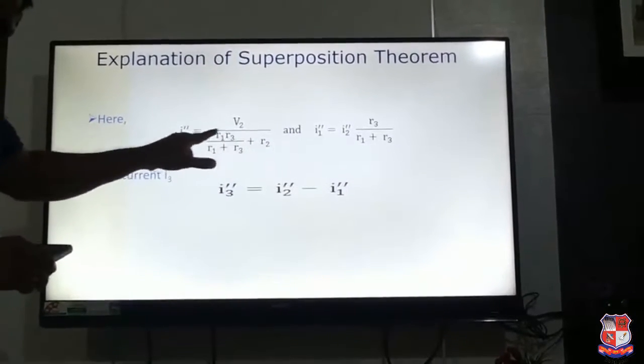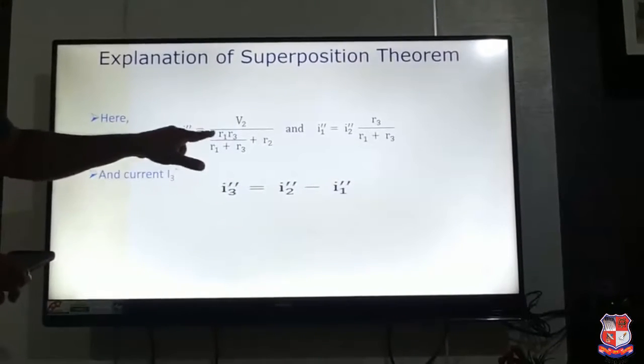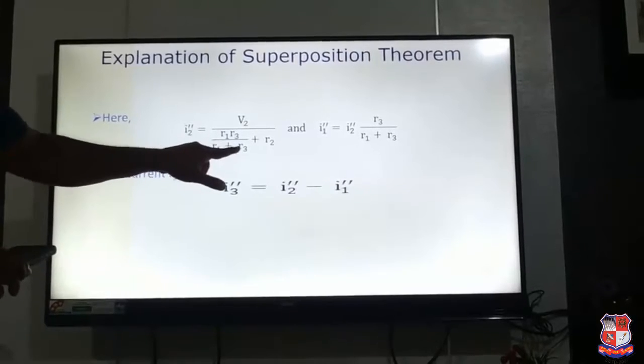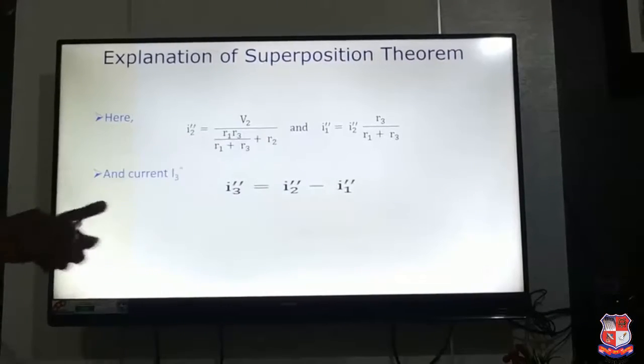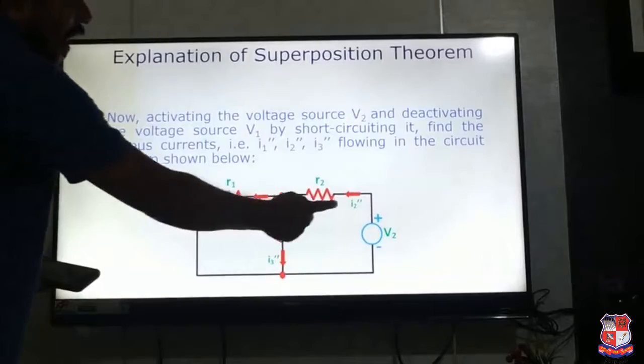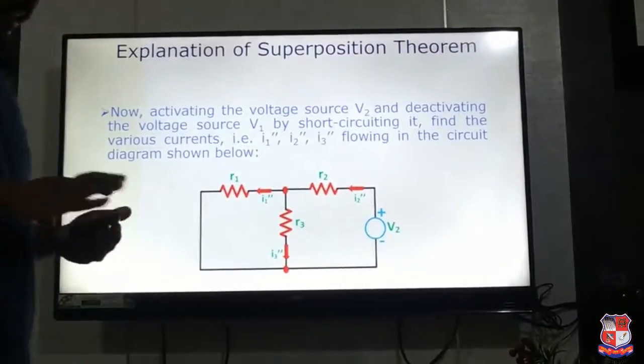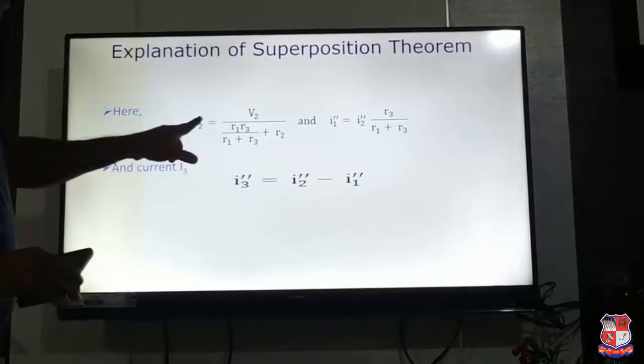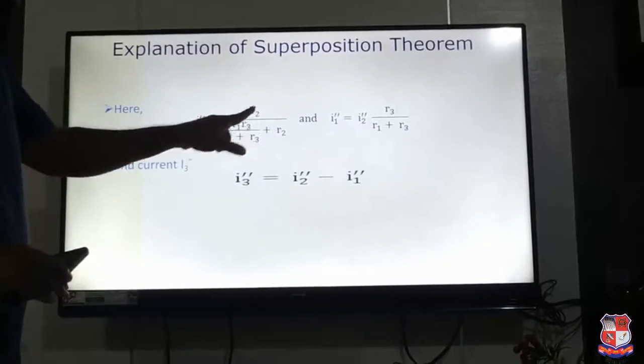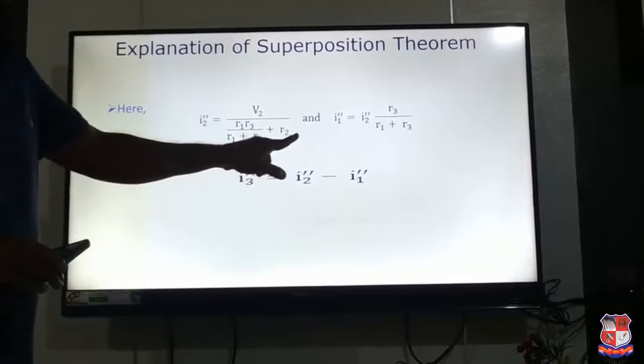So the equivalent resistance is R1 R3 divided by R1 plus R3, plus R2. So I2 double dash current is equal to voltage divided by equivalent resistance, that is, I2 double dash is equal to V2 divided by this equivalent resistance.